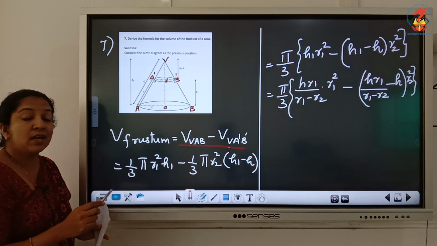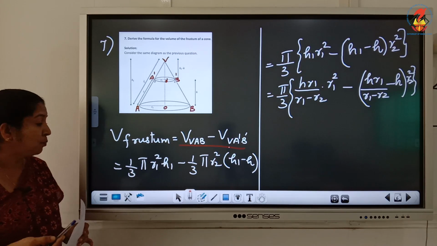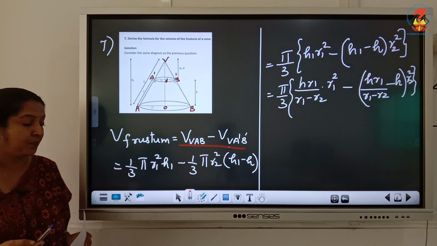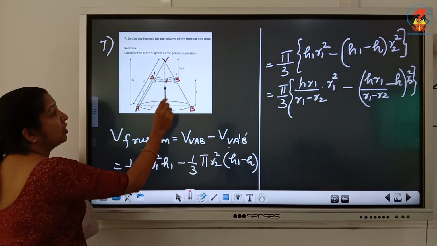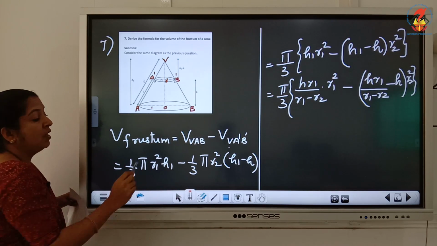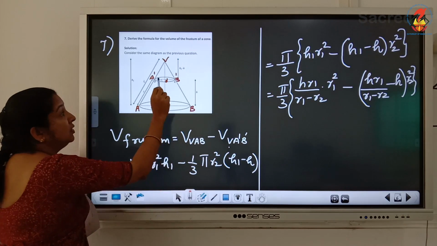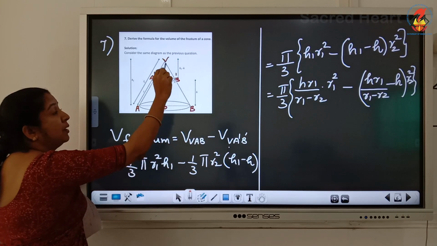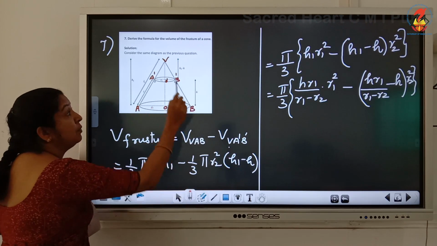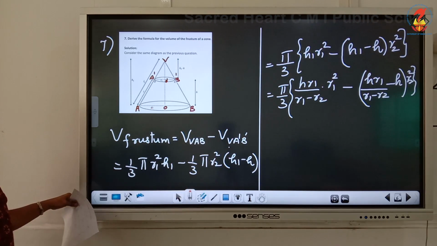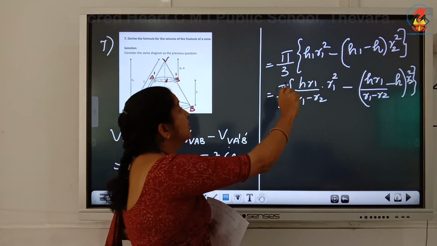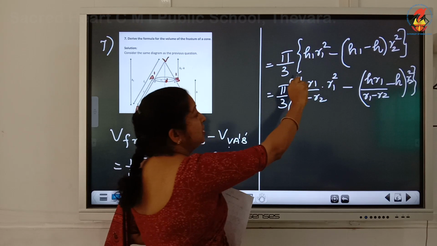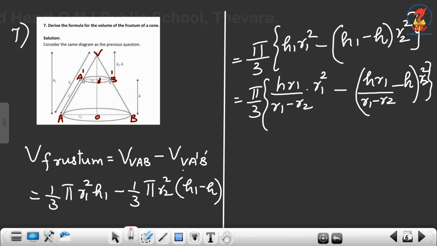So, V is actually the cone, so the formula is 1 by 3 pi r square h. So, here the total 1 by 3 pi r1 square h1 minus 1 by 3 pi r2 square, but instead of h what you have to use is h1 minus h. After taking 1 by 3 pi out: h1 r1 square minus h1 minus h into r2 square.